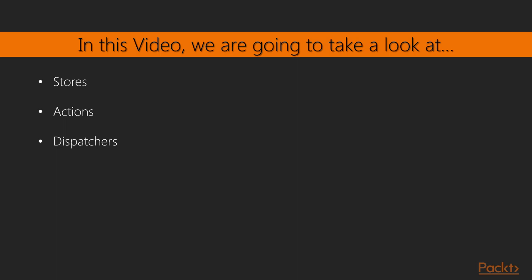The next layer is actions. And actions are, in many ways, the brains behind the data. You will use an action whenever you want to manipulate something, such as making a change to your data. And whenever you want to make a change, you're not going to call the store directly, but instead you're going to call an action. And that action will then trigger an event.